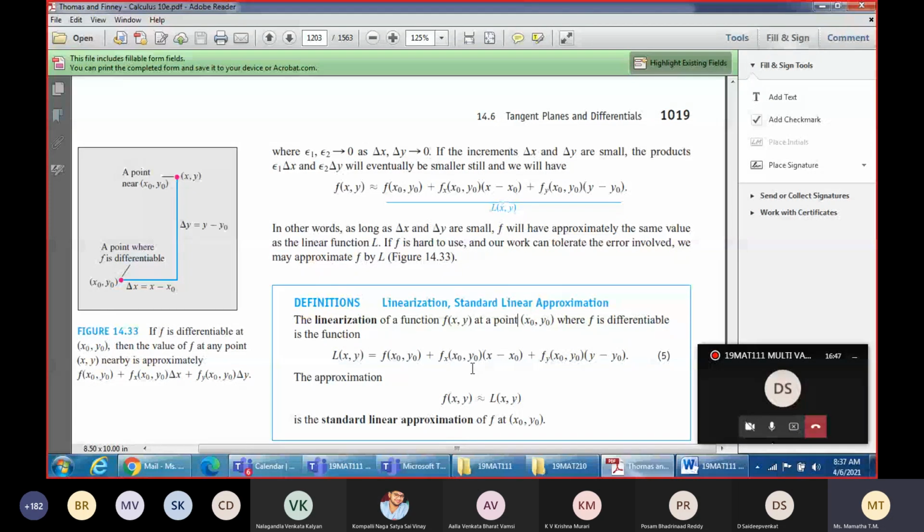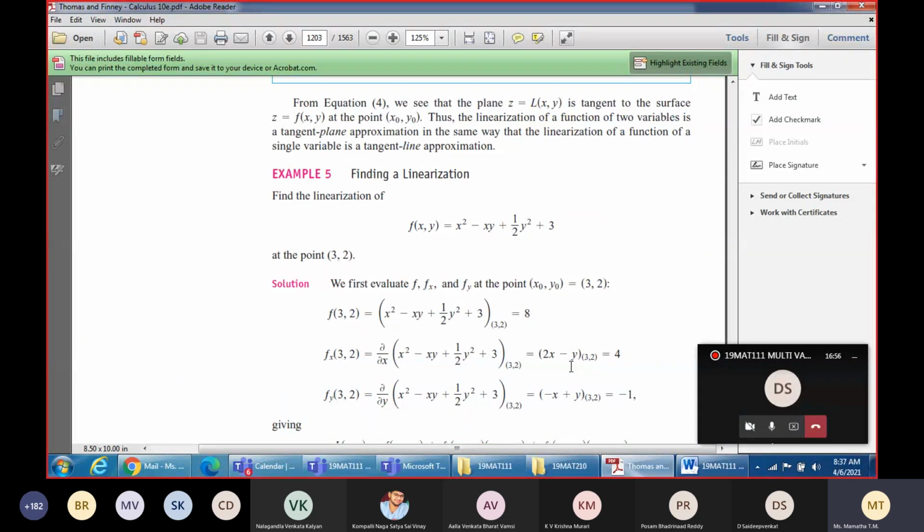If you differentiate this function f of x comma y with respect to x, you get 2x minus y, and if you differentiate with respect to y, you get minus x plus y, since the 2 and 2 get cancelled. Now the function value at the given point 3 comma 2: x is 3, y is 2.